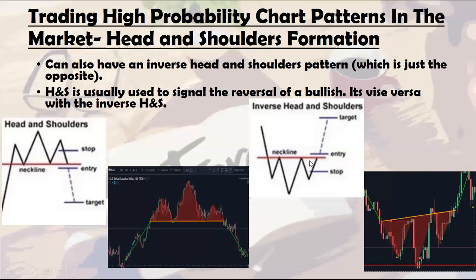And right when that last shoulder is done, you'll notice that the shoulder-head-shoulder pattern is formed, and Brian said enter off the neckline of that pattern. And so you'll do a buy, because an inverse head and shoulders usually signals the reversal of a bearish pattern. So instead of selling, we'll be buying.